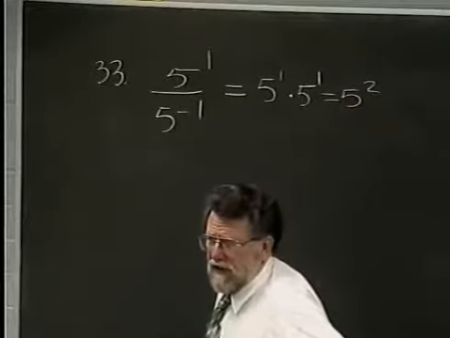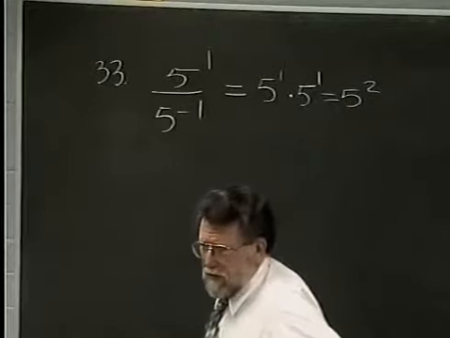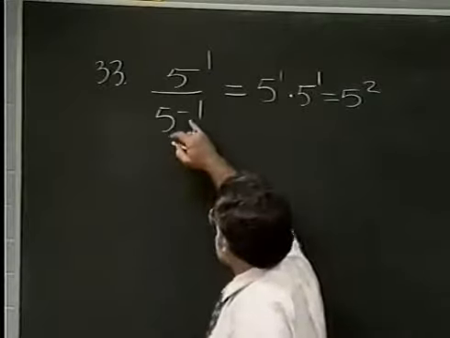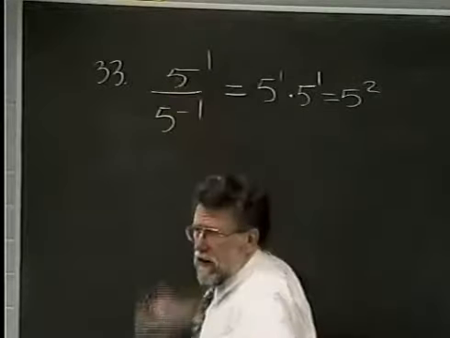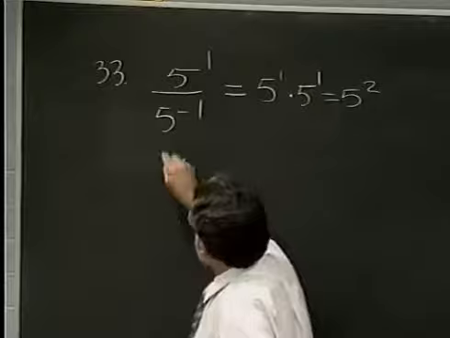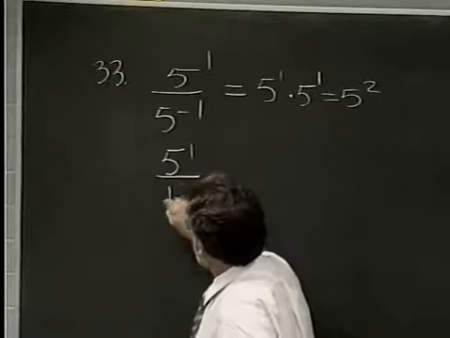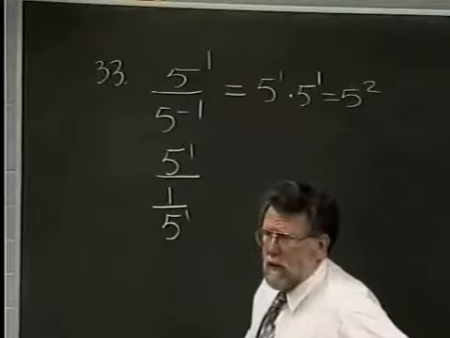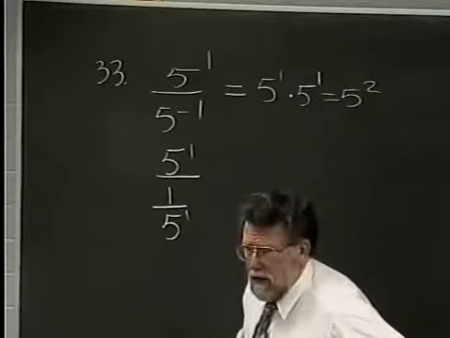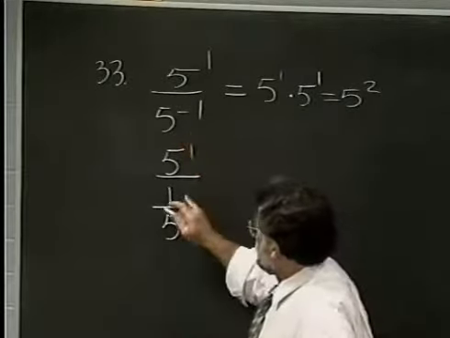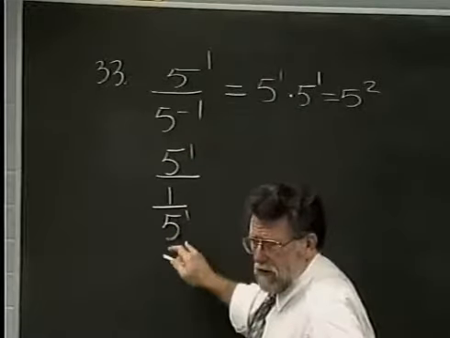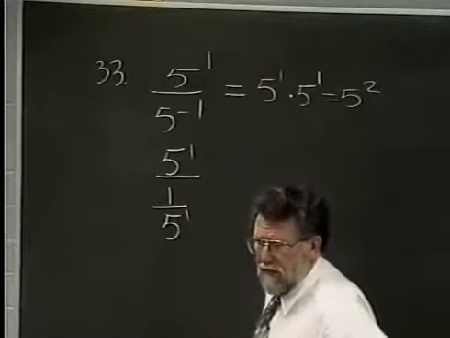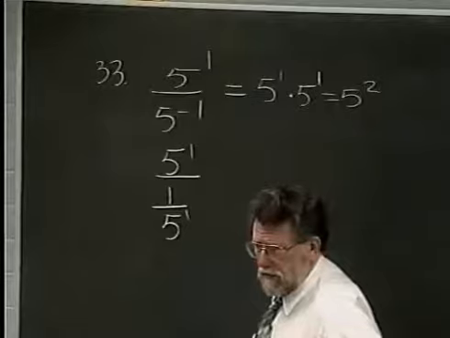Another approach that's a little less mechanical, as to why you can bring this up to the numerator as 5 to the first, is to understand that this is another way of interpreting what you were originally given. Because the 5 to the minus 1 says you're taking the reciprocal of 5 to the first.